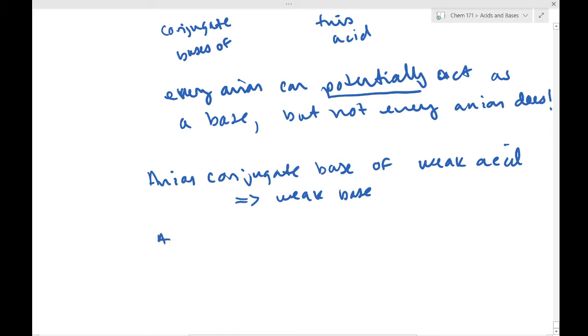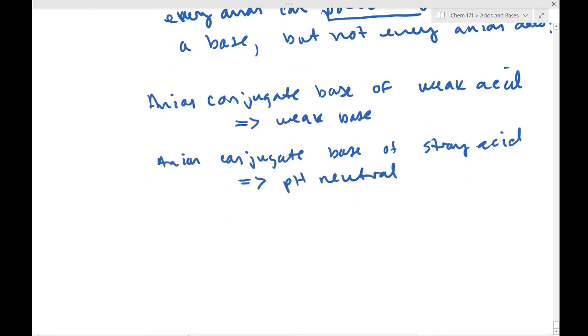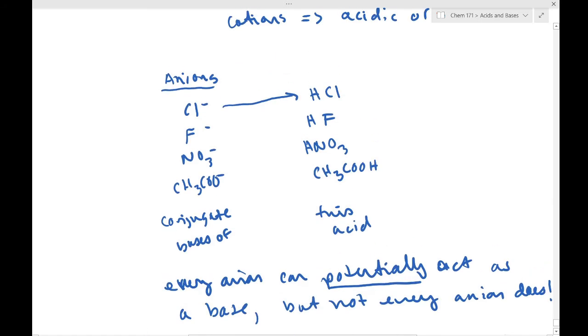If the anion is a conjugate base of a strong acid, it will be pH neutral. So if I form, for example, chloride, chloride is the conjugate base of a very strong acid, HCl.